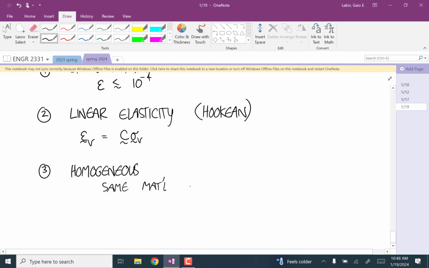So the same material properties at every location. Like a chocolate chip cookie is not homogeneous, but a sugar cookie is homogeneous.